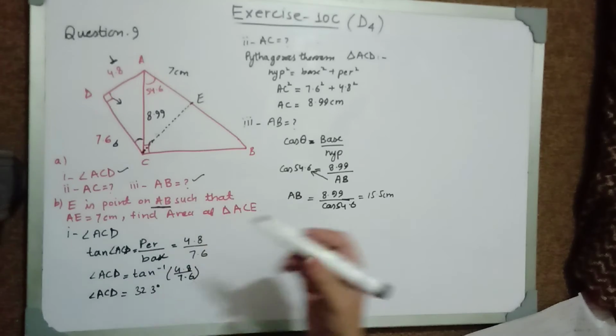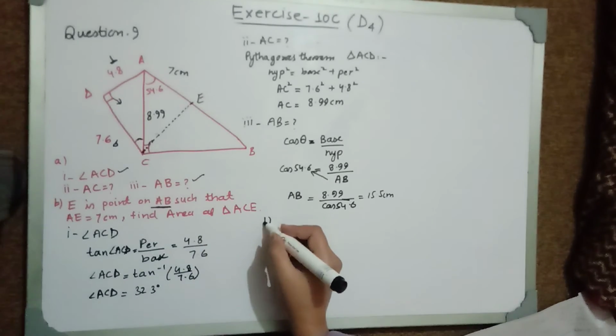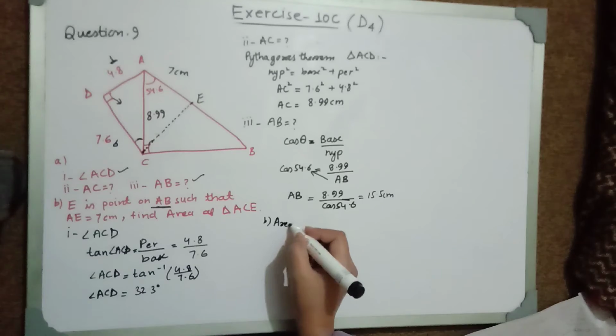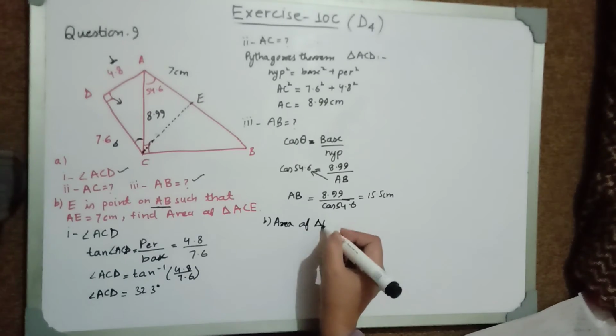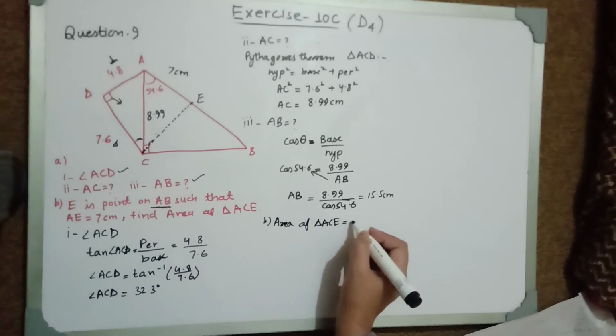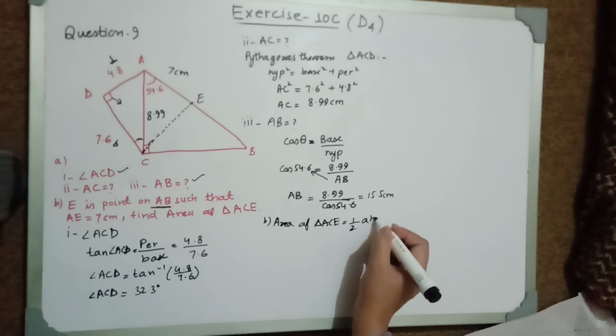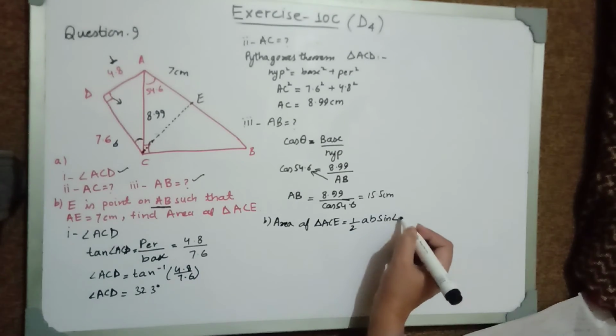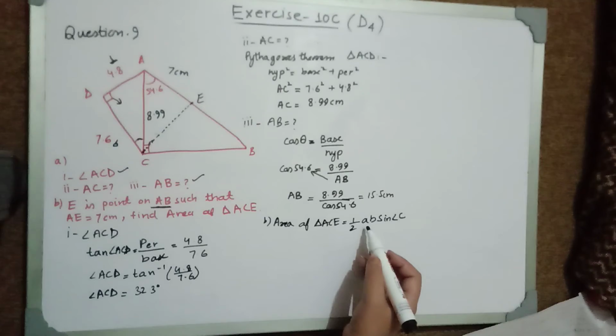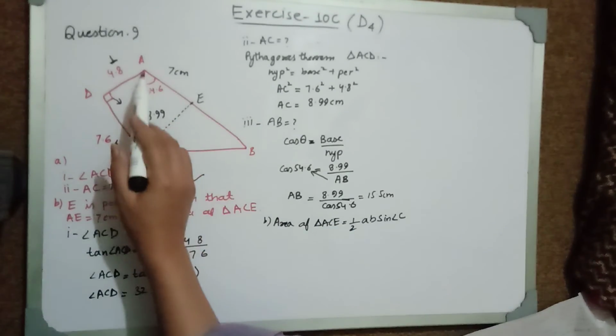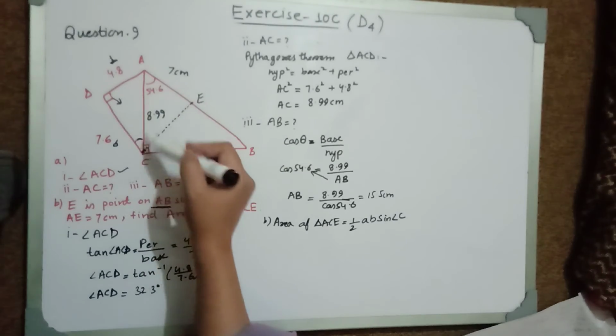It's not a right angle triangle, so we know that the formula for the area of triangle ACE will be half AB into sine angle C. We can take the values of any two sides, it can be AE or AC.